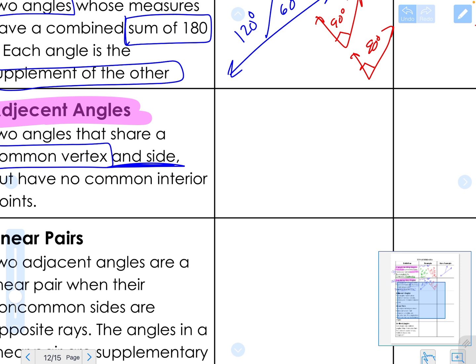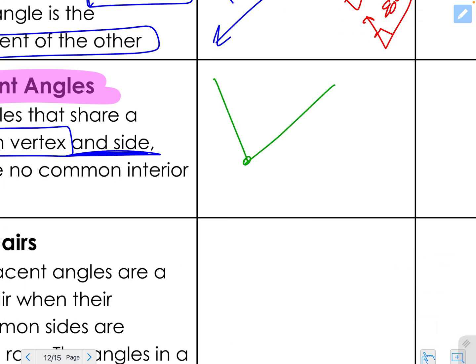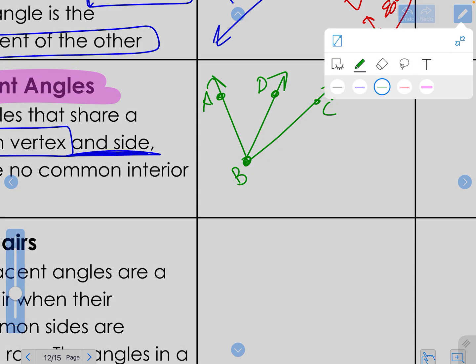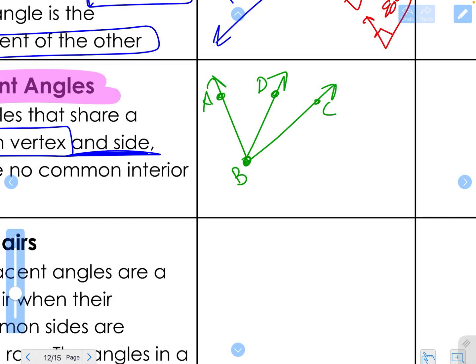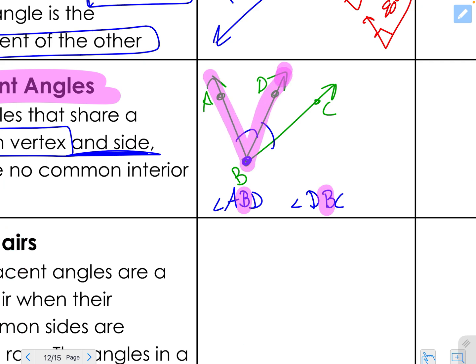If we were to draw this, we've got just a generic angle, and let's call this A, B, C, and D. If we've got these two angles here, both angle ABD and angle DBC have a vertex of letter B. So they both have the same vertex.